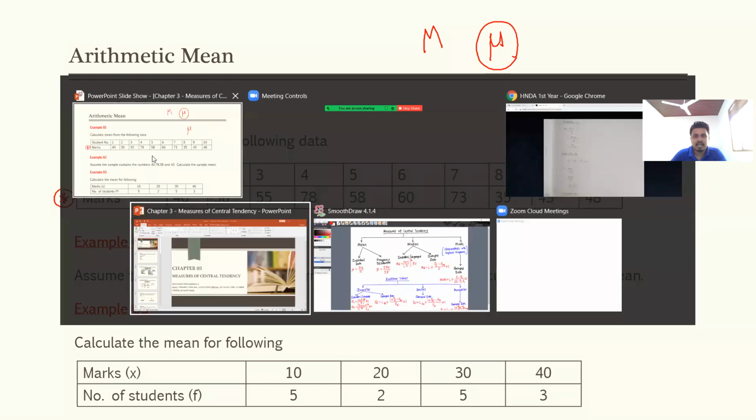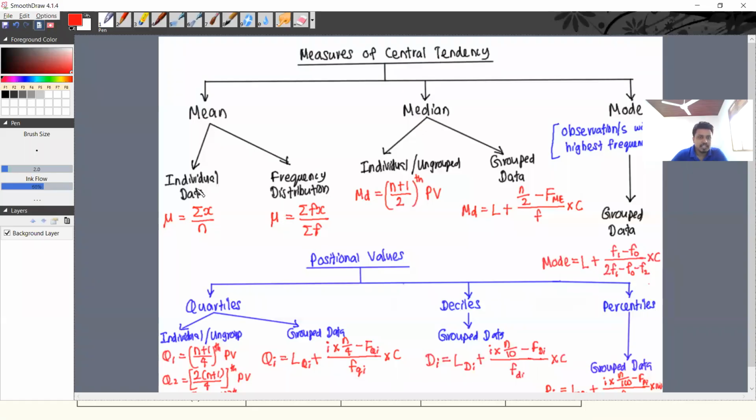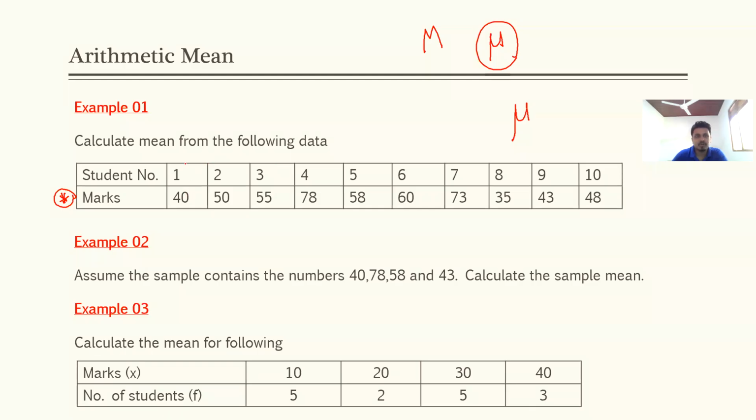For this individual data set, we need to calculate the mean. Mu equals sigma x over n. These are our x values, the variable values, the marks. Sigma x means the summation of 40 plus 50 plus 55 plus 78 and so on.